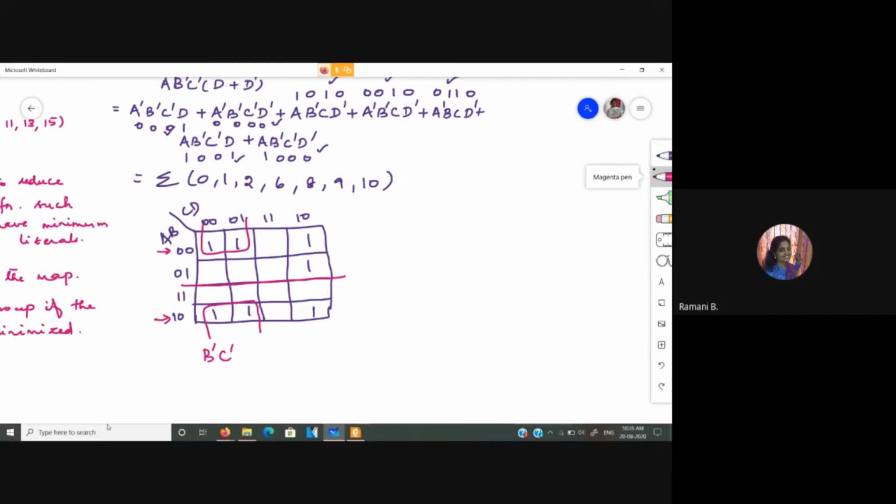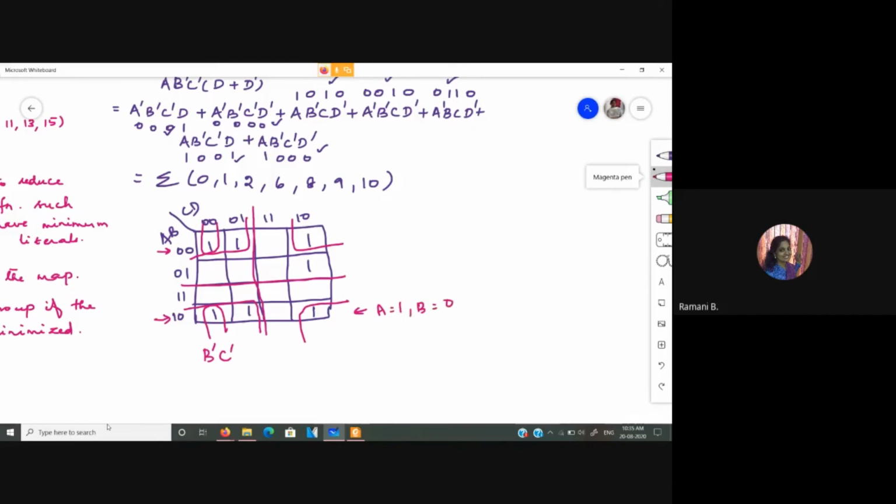So here with the corners, as such you can form a pair like this. But if you fold it with respect to these things, you can actually form a quad with all the corner ones. So the corner ones, I have A is equal to 1 and B is equal to 0.